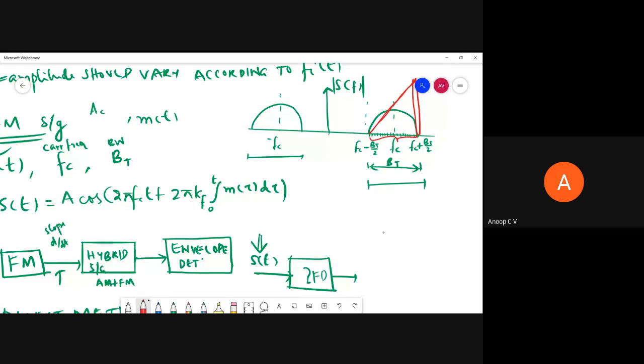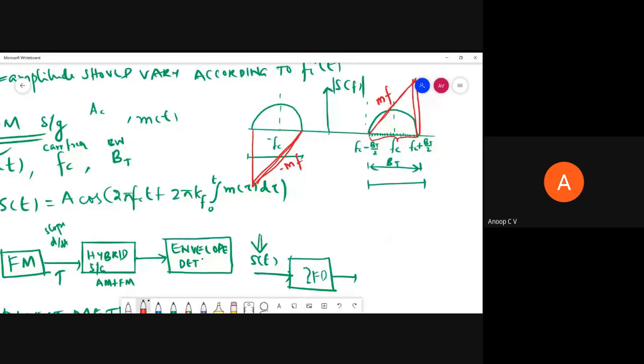Similarly here also I can have a slope circuit like this. Within this frequency range, say fc minus bt by 2 to fc plus bt by 2, it's a linear relationship. It's something like mf, or it's minus mf.